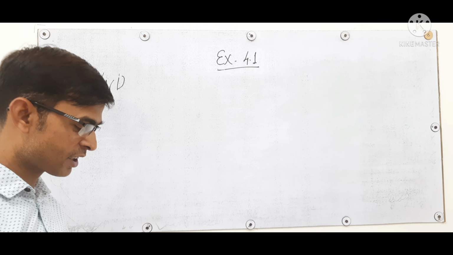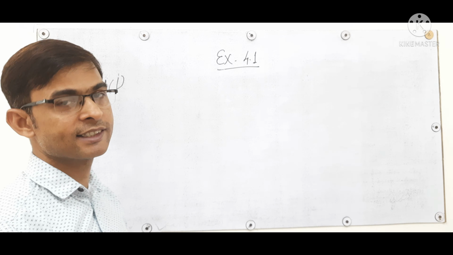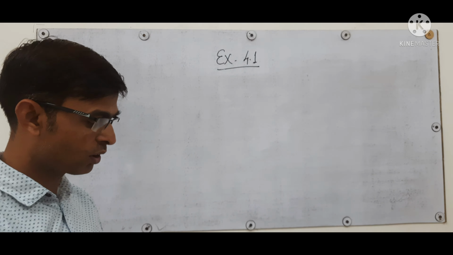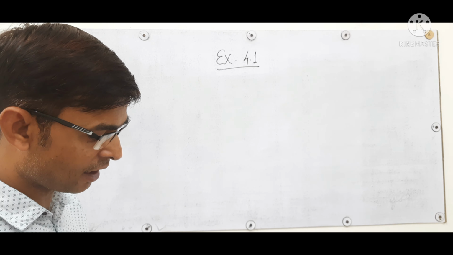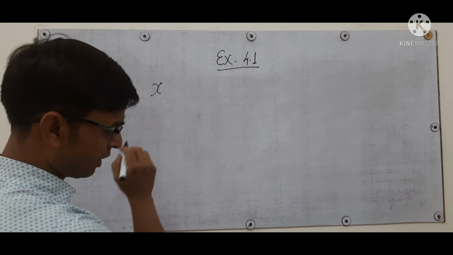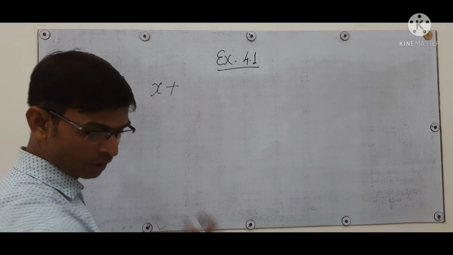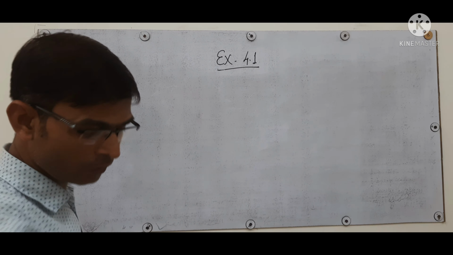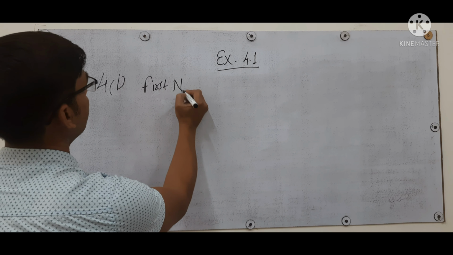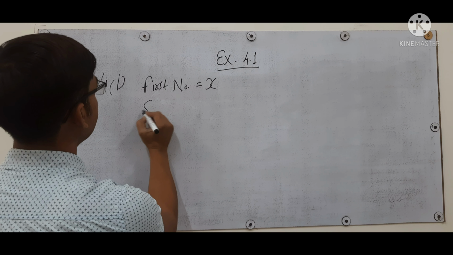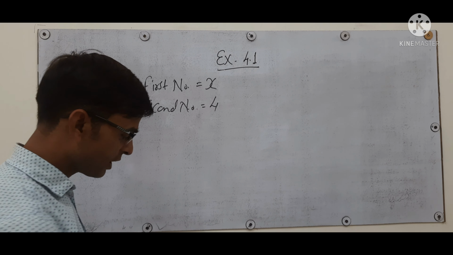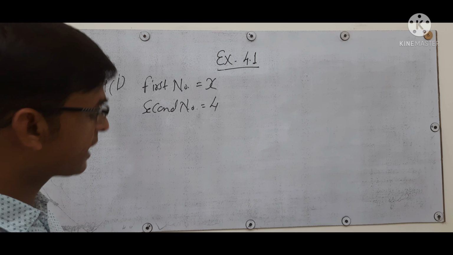That is, there are two numbers given here. One number is x and the other number is 4, and when we add both these numbers, the answer must be 9. So the first number is x and the second number is 4, and now it is given the sum of number x and 4.